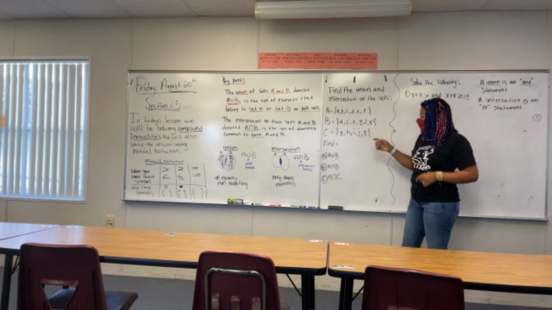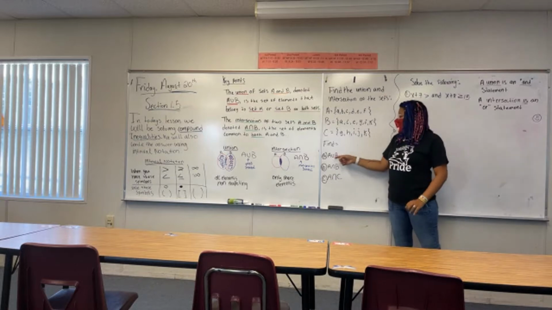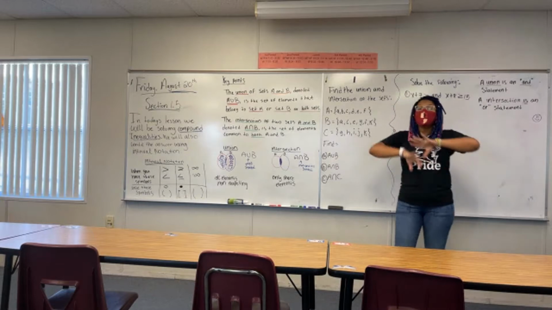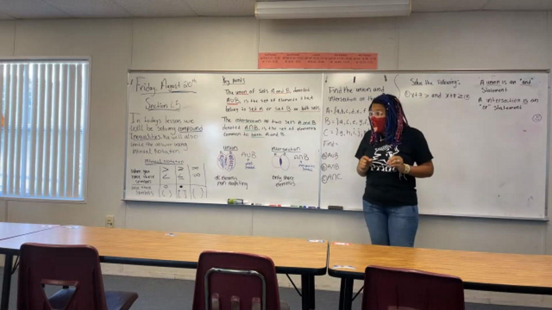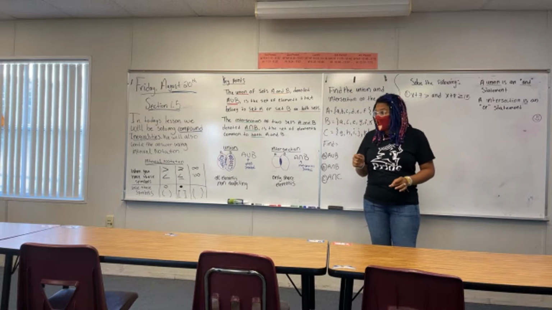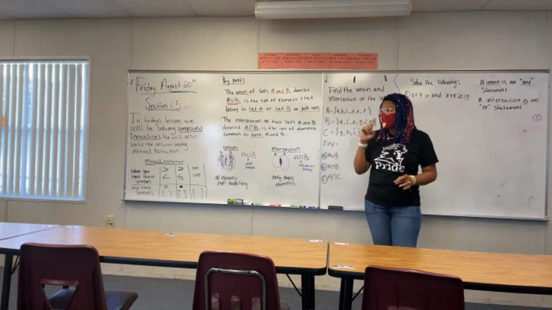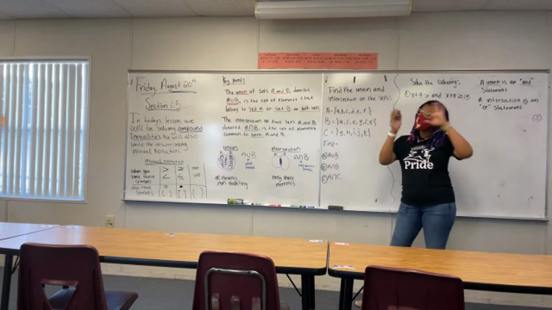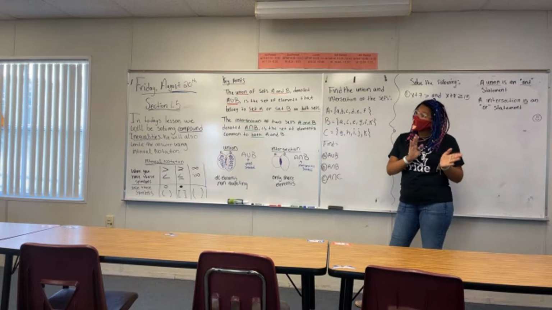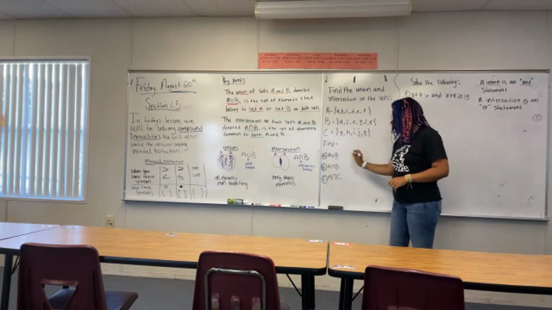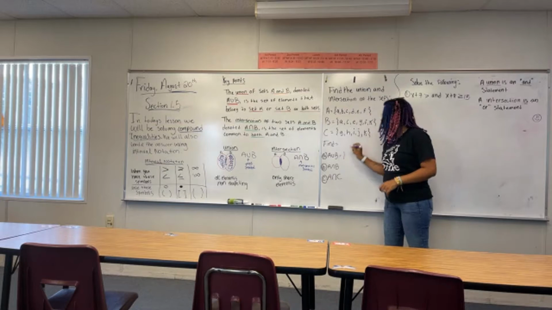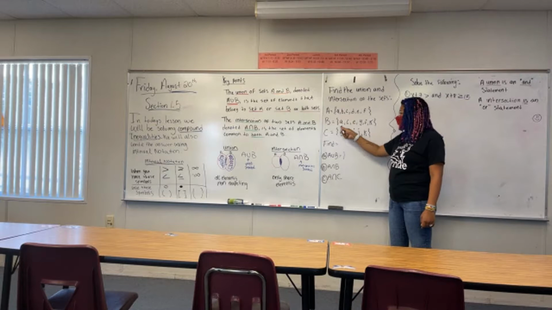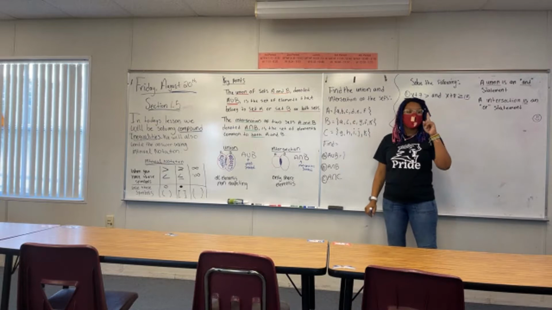All right, so this tells you for part A, find the union between A and B. I want all the elements that are in A and B, but if they repeat, I'm only going to write them once. So this tells me I want all the elements that are in set A and in set B. I have the letter A here and the letter A here. Do I write it twice or one time?